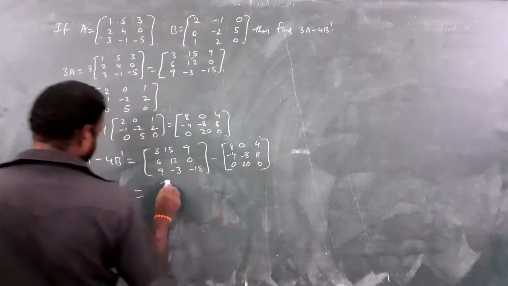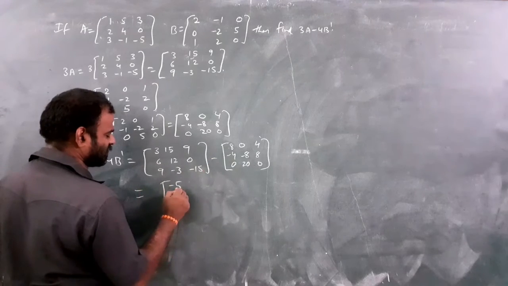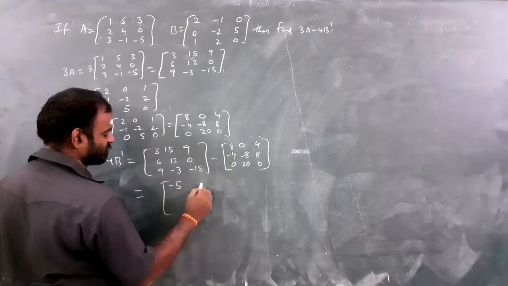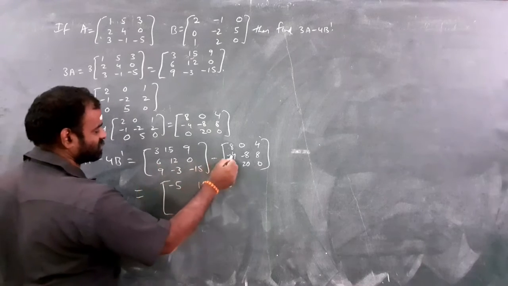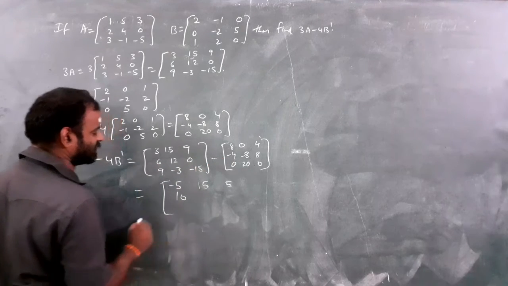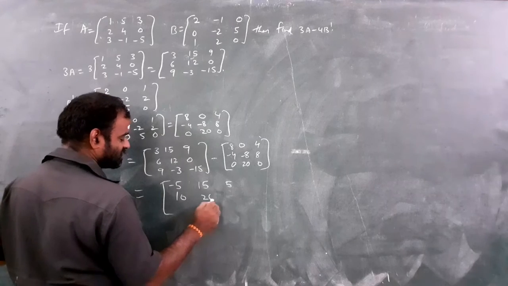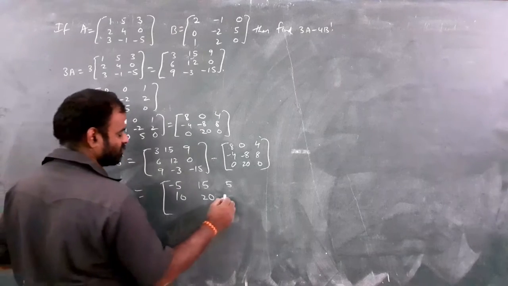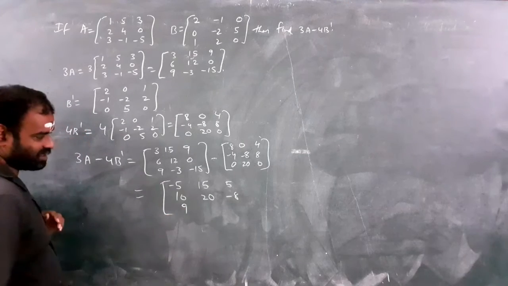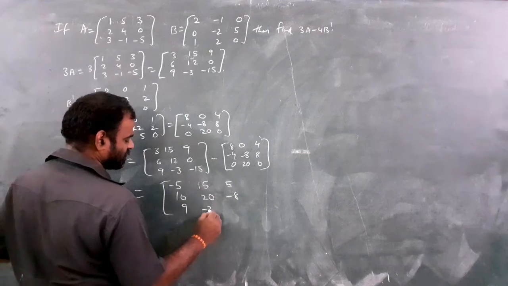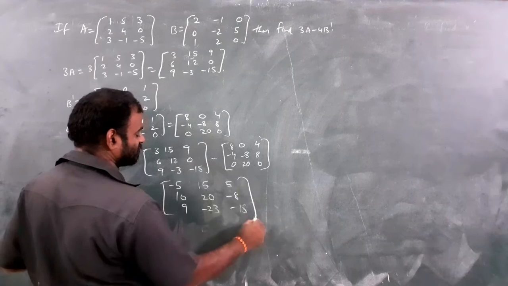So 3A minus 4B dash means 3 minus 8 is minus 5, 15 minus 0 is 15, 9 minus 4 is 5, 6 minus of minus is plus, 6 plus 4 is 10, 12 minus of minus is plus 8, 12 plus 8 is 20, 0 minus 8 is minus 8, 9 minus 0 is 9, minus 3 minus 20 is minus 23, minus 15 minus 0 is minus 15.